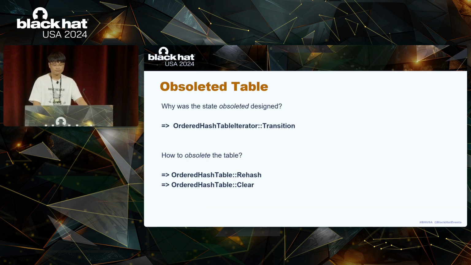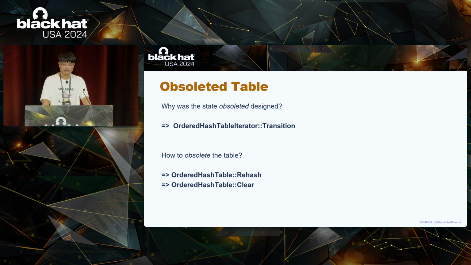Finally, let's take a brief look at why V8 implements code logic that makes the ordered hash set table obsolete. As we can quickly understand from the slides, the obsoleted table is designed primarily for iterators. The main way to determine whether a hash set is obsoleted or not is whether the value stored in the element count property is an integer or a pointer.